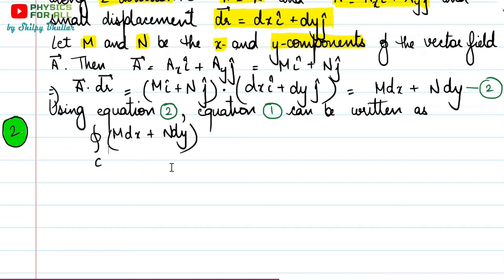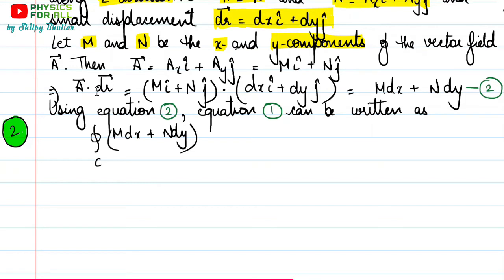When we have a single integral, that means a line integral, we need just one variable to integrate the expression. So you can see here we will integrate M with respect to x, and we will integrate N with respect to y. So that's why now there is no need to put any further dot dr or anything else.